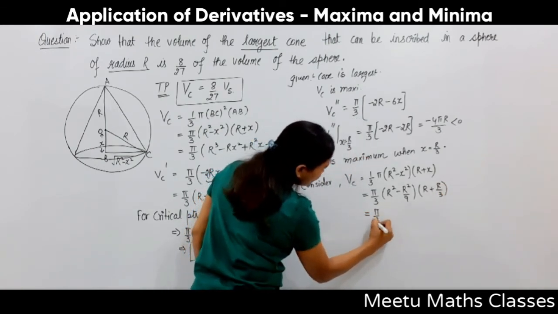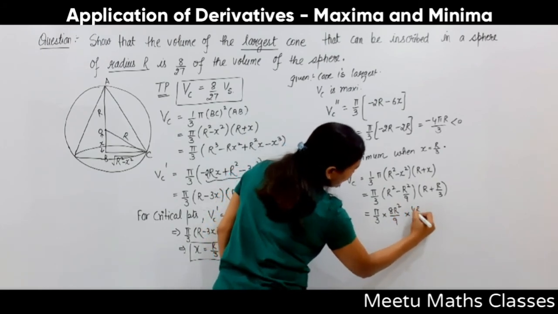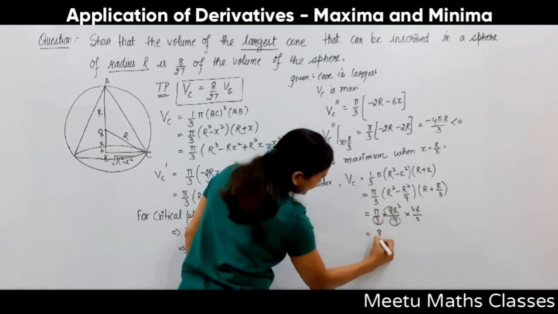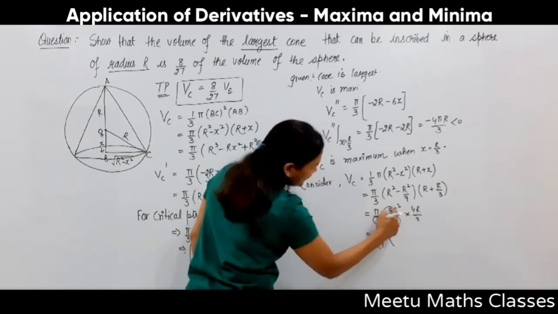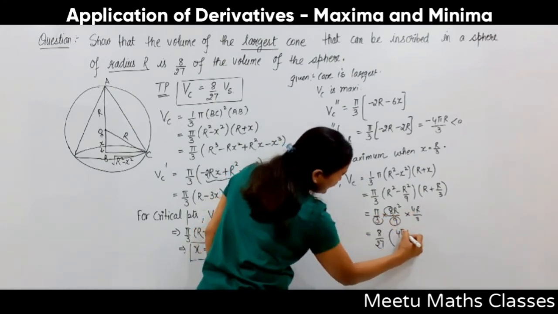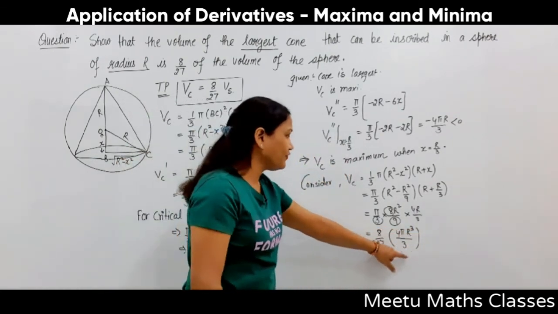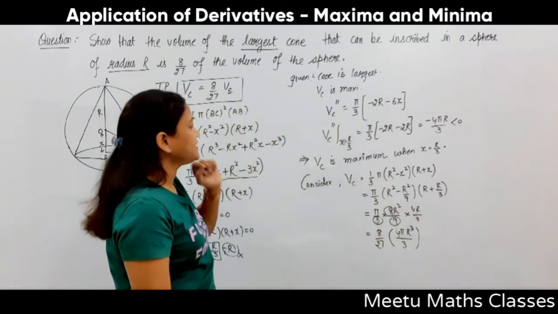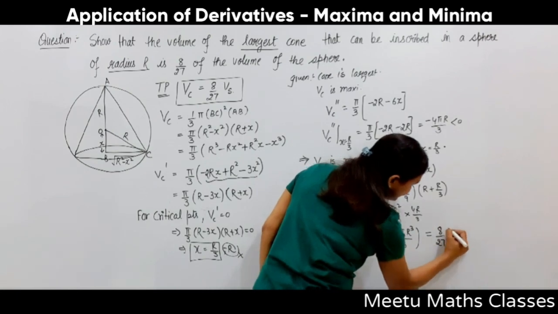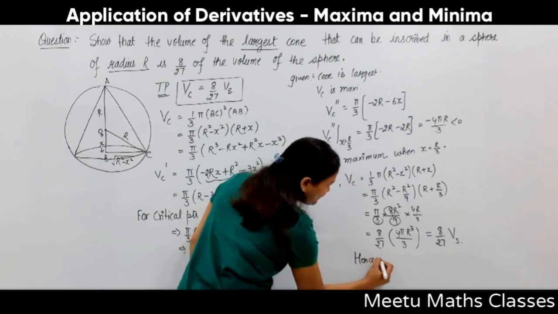So this will equal 8r square by 9 and 4r by 3. If you take 8 by 27 outside, then within the brackets you are left with 4 pi r cube by 3, and that 4 by 3 pi r cube represents the volume of the sphere, and that is what we were supposed to prove.